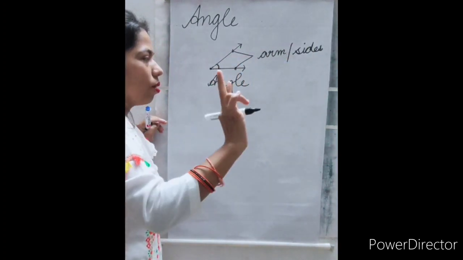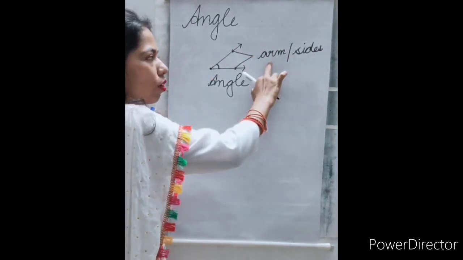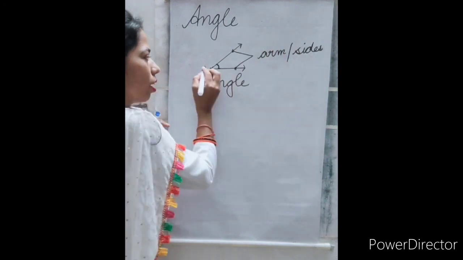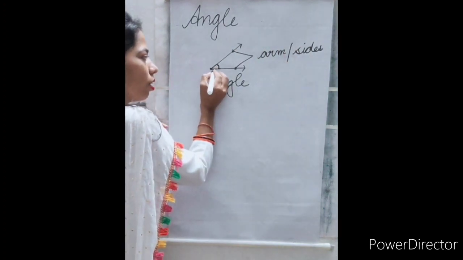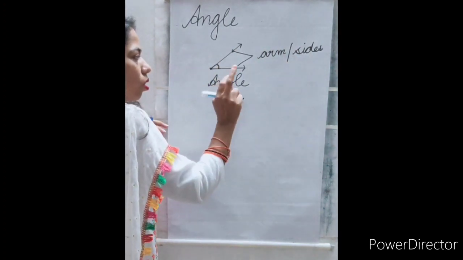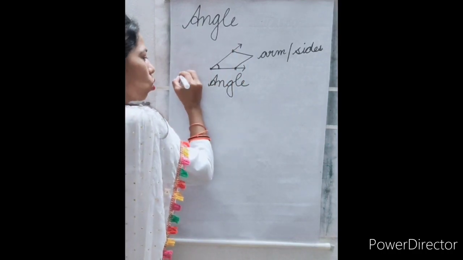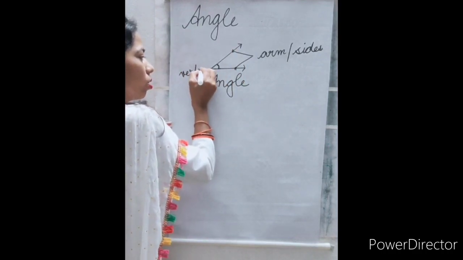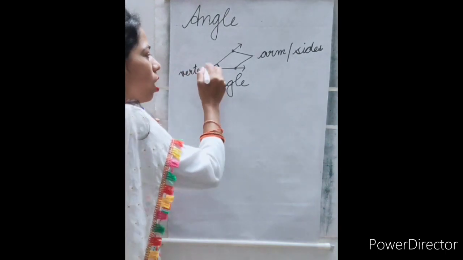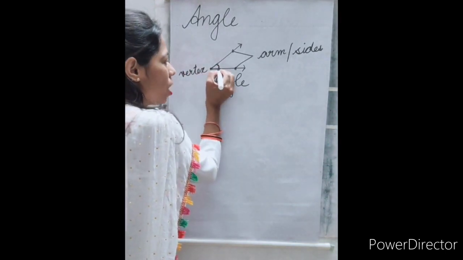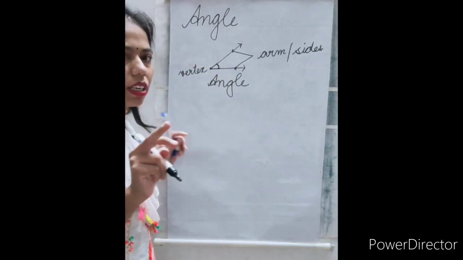The point where these two rays start or meet is called the vertex.